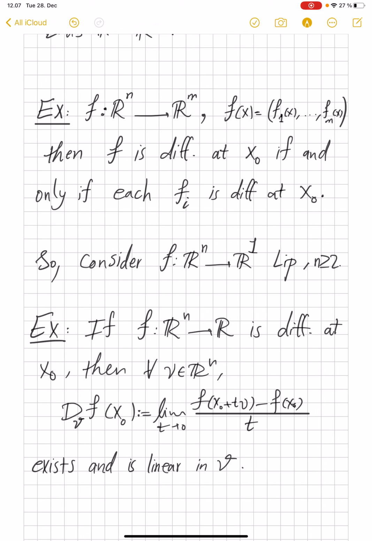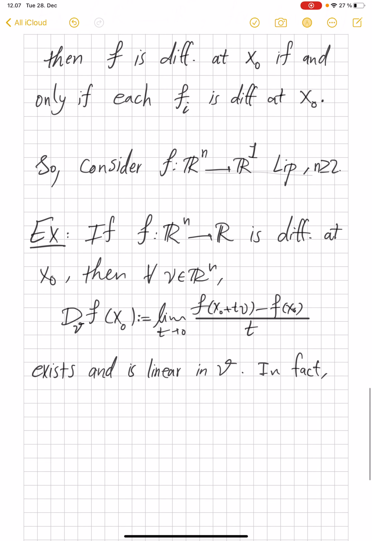In fact, we exactly know what that linear function will be. If you take special v's, that means v's to be the standard basis, like i, j, k in 3D, then instead of calling them directional derivatives, we call them partial derivatives.